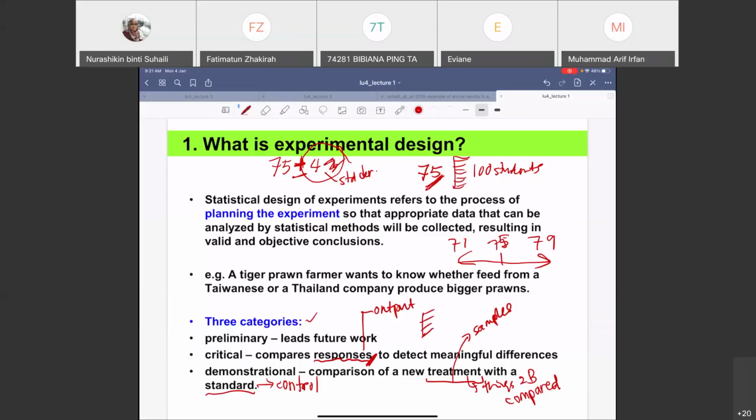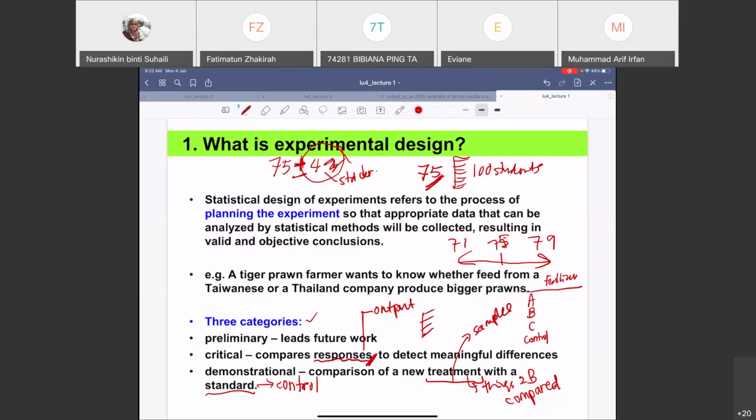The treatments are three, but it's not just three. I need to have a control experiment, which is the one without fertilizer. That is how I can see how much fertilizer A works. I have three brands that I want to compare. So the output, the parameter, this one is C and another one is control.